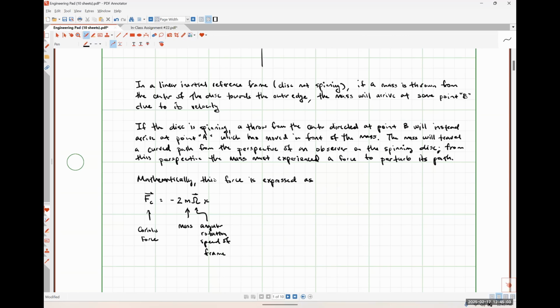And this will be crossed into a velocity vector, v. So just to be clear, that x in the middle there is a cross product, so this is a vector operation.